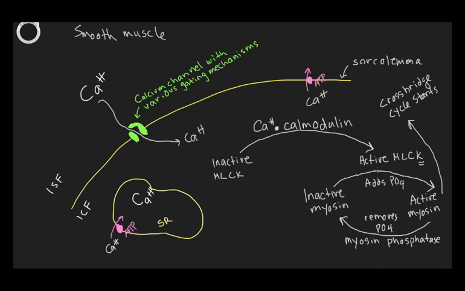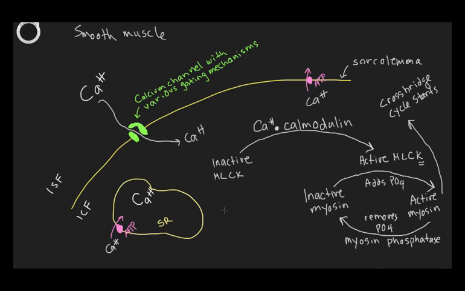So what that means is to have active myosin light chain kinase adding phosphate to myosin and allowing it to undergo the cross-bridge cycle, you have to have calcium calmodulin present. To have calcium calmodulin, you have to have calcium. So in order to have contraction, you have to have myosin kinase more active than the myosin phosphatase. Otherwise, you will have relaxation happening.